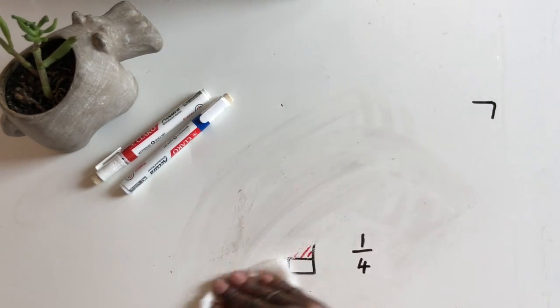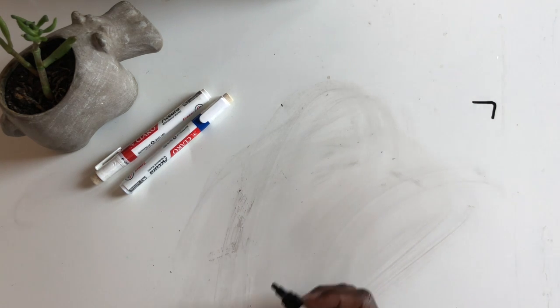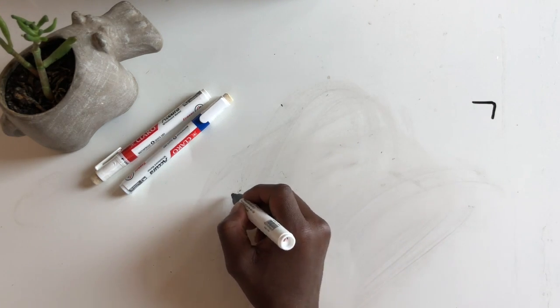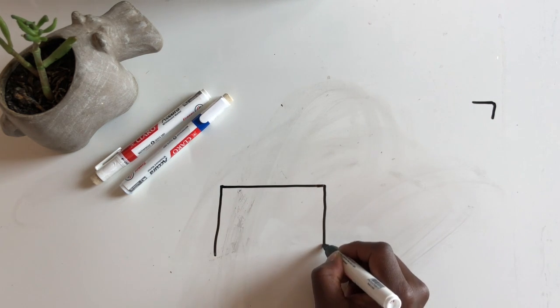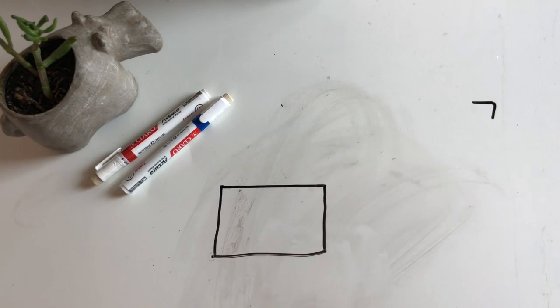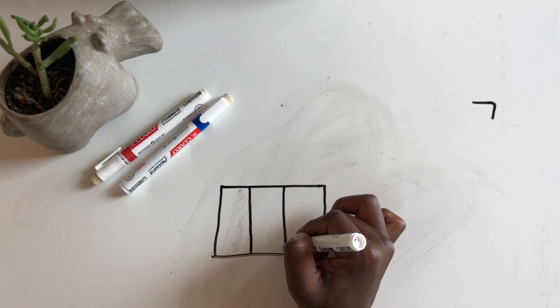Okay, so moving on, let's look at a few shapes. For example, let's look at a rectangle, and then let's just cut it into 3, for example.